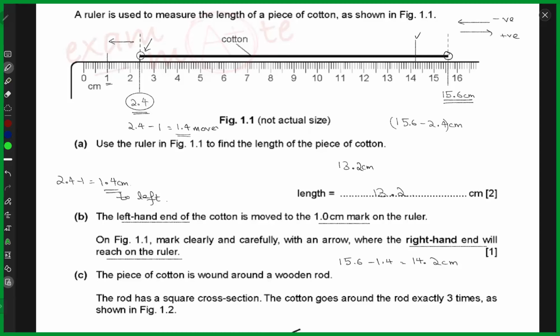Because it's to the left, I'll subtract 1.4 from 15.6, and that would give me 14.2 centimeters. This means this end will now be sitting at this point where I marked with this tick, so it will be over here. If I were to draw the new cotton, it would be something like this.